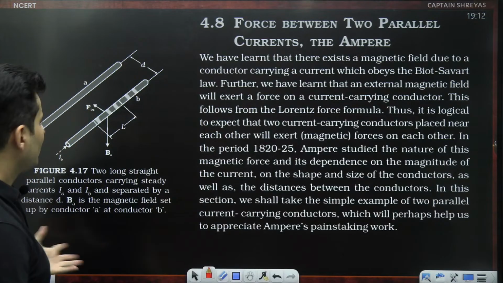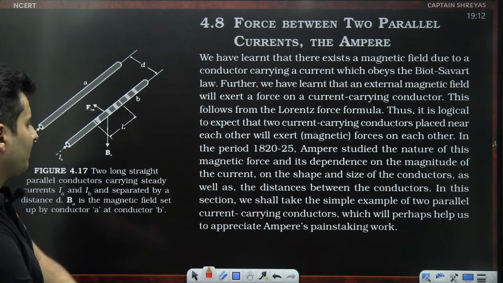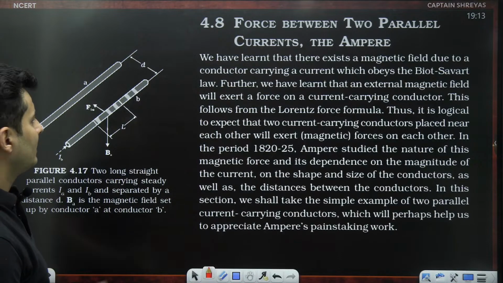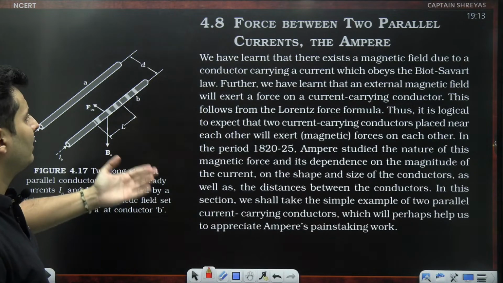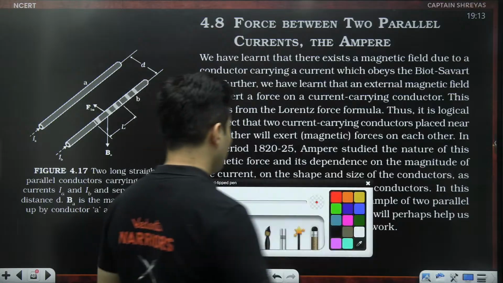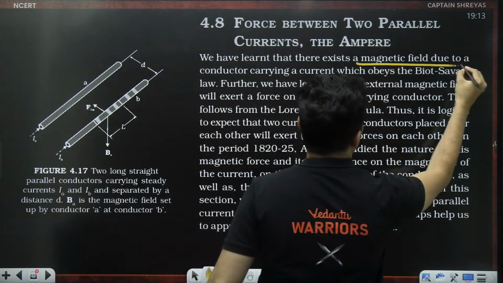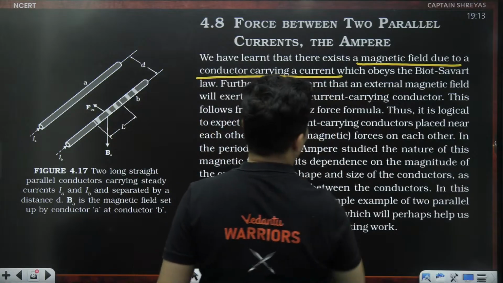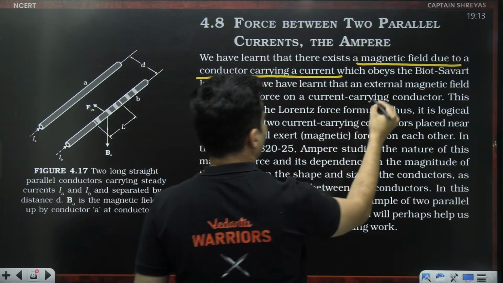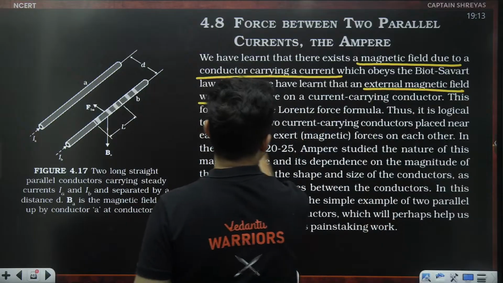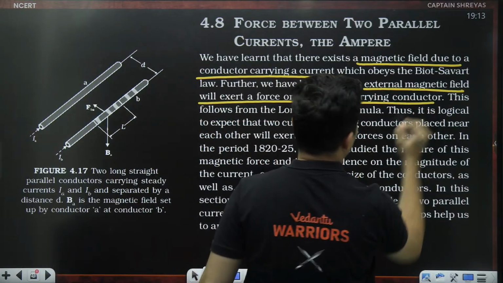So basically, we have learned that there exists a magnetic field due to a current carrying wire. Further, we have learned an external field will exert force. These were the two initial statements. Magnetic field is there due to a current carrying wire. Also, an external magnetic field will exert force on a current carrying wire.